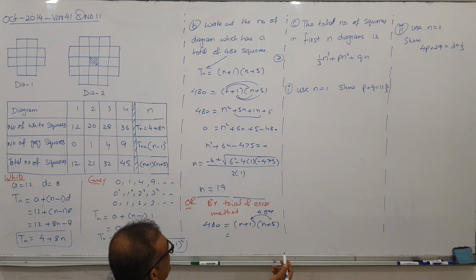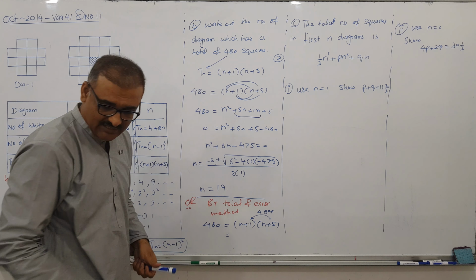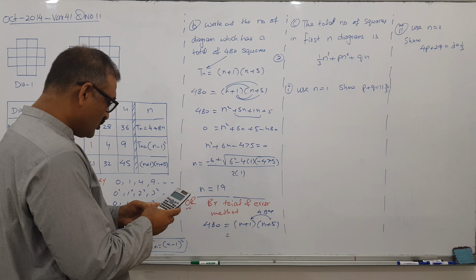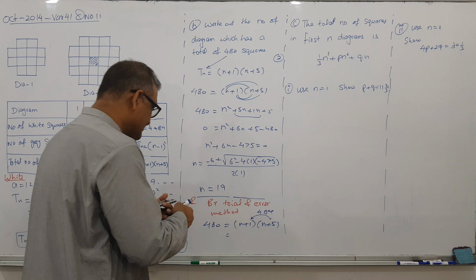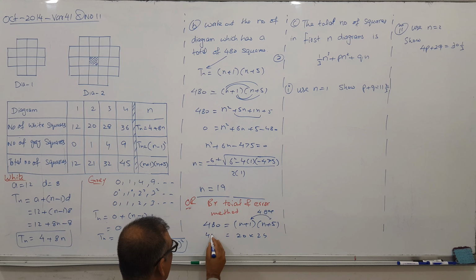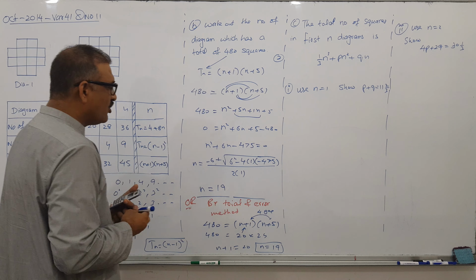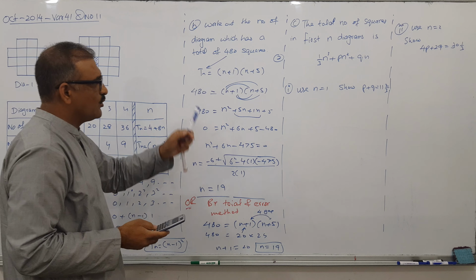So I try numbers, for example, if I try 20 times 24, yeah, it works. 20 times 24 gives you 480. So this is equal to that. So n plus 1 equal to 20, and n becomes 19. Way number 2, both work, no issue. You can take any one.